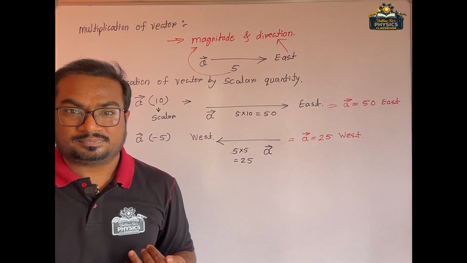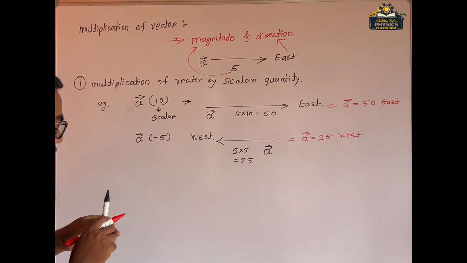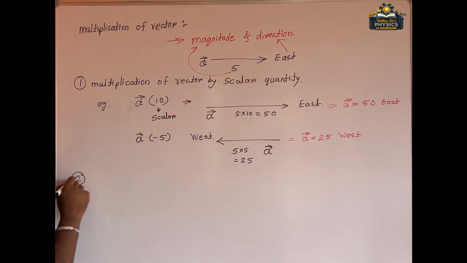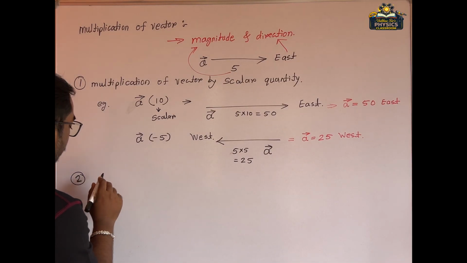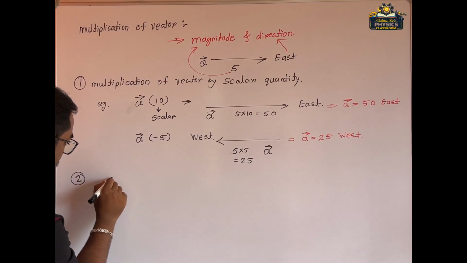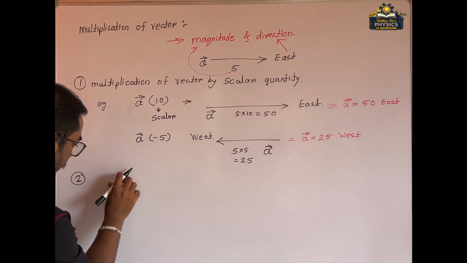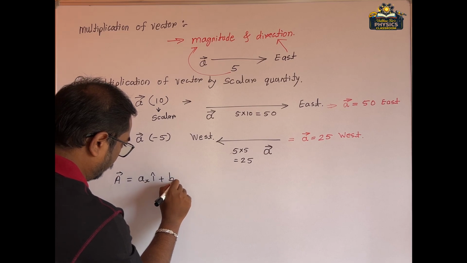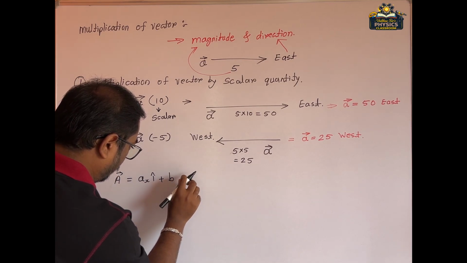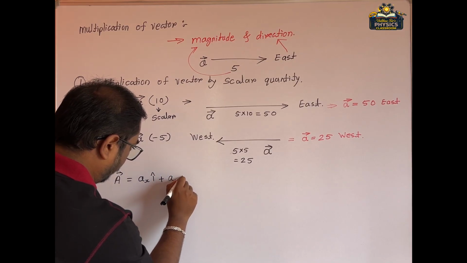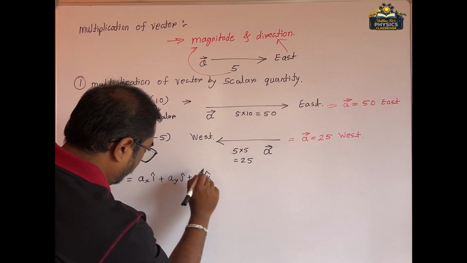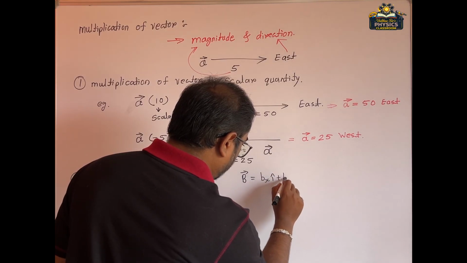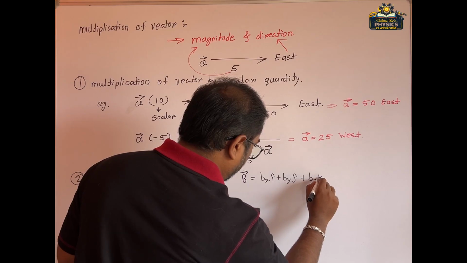Now I have two vectors. Vector a is ax i cap plus ay j cap plus az k cap, and I have another vector, bx i cap plus by j cap plus bz k cap.